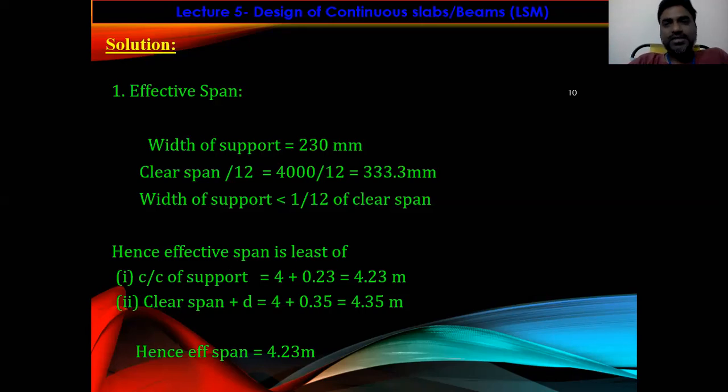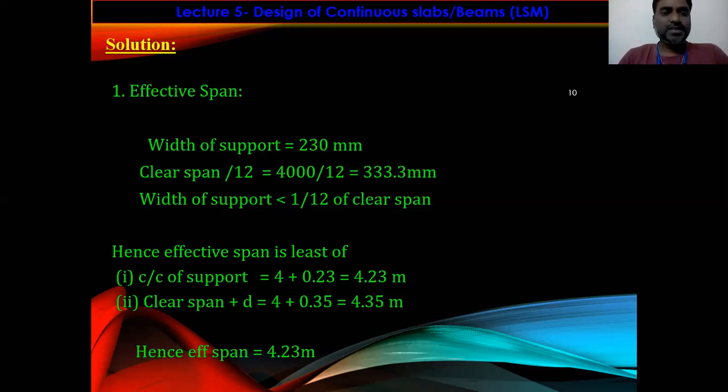Similarly, if the width of the support is greater than 1/12 of the clear span or 100 mm, whichever is lesser, then you have another 2 criteria. That is, one end is fixed and the other end is continuous, and another case is if one end is free and the other end is continuous.